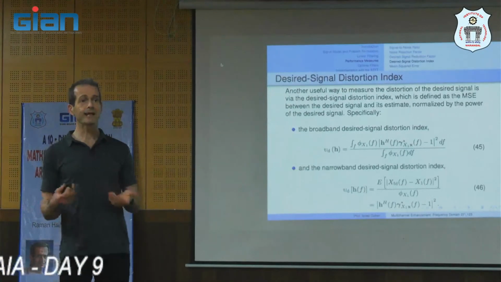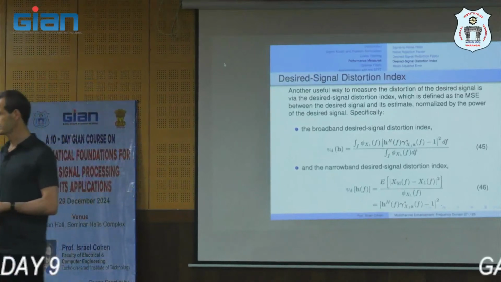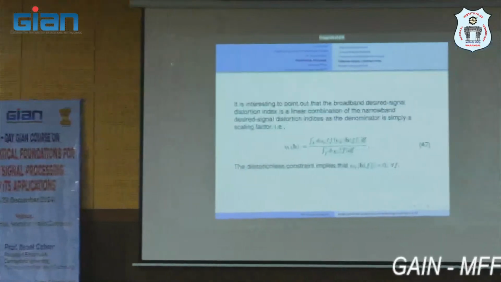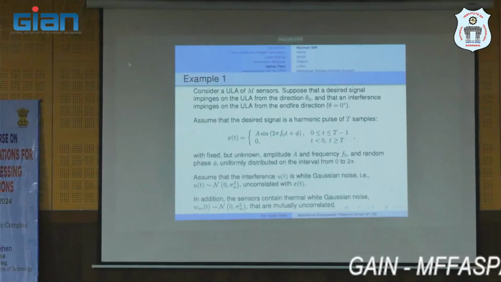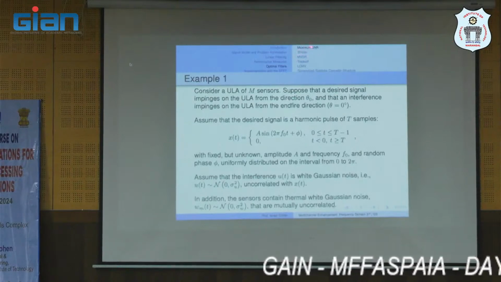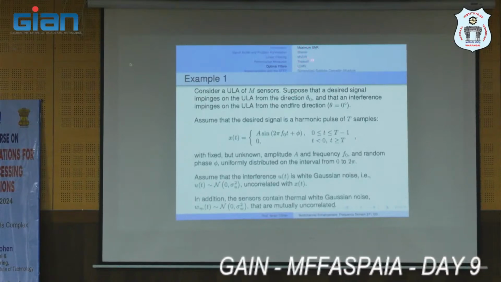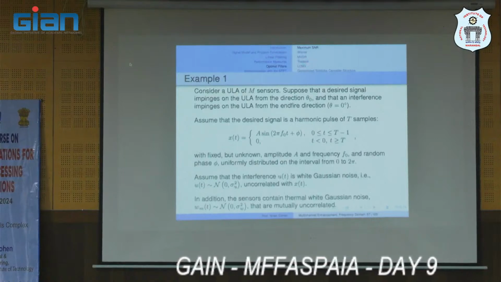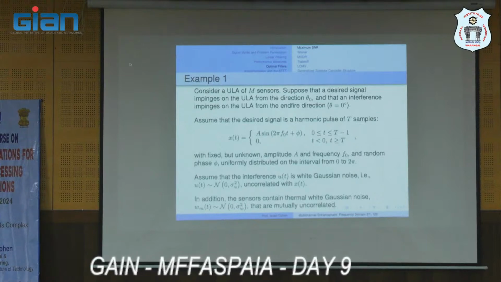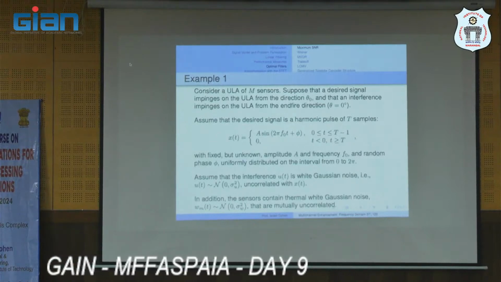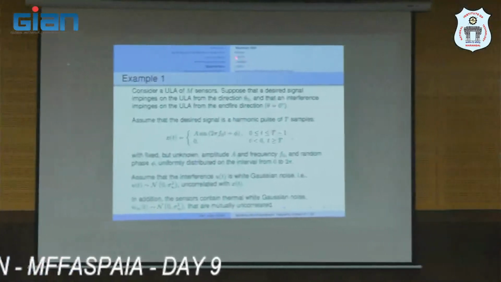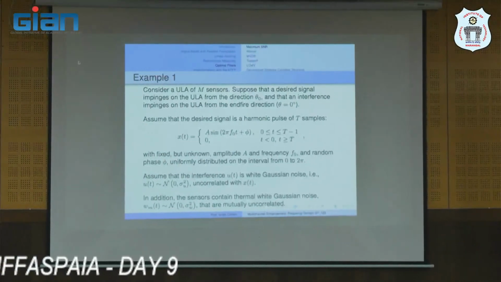So we can add a trade-off filter. So if we go to the optimal filters, we have the maximum SNR, the filter that maximizes the SNR, the Wiener, and we have a trade-off filter that we can trade off using the parameter mu. We can find a trade-off between noise reduction and distortion. And if we don't want distortion at all, then we have the MVDR.